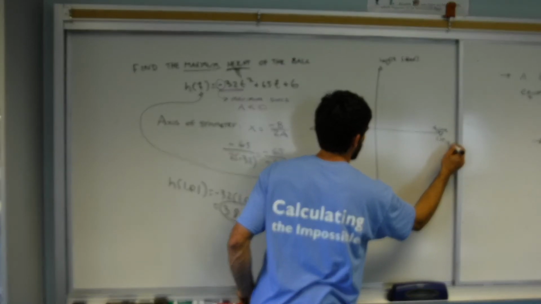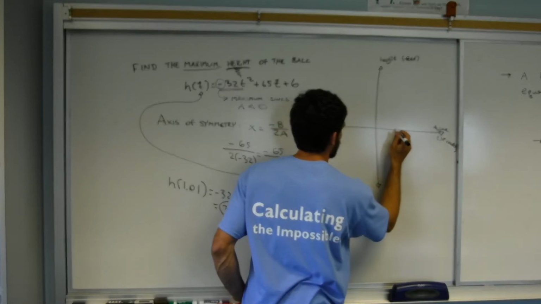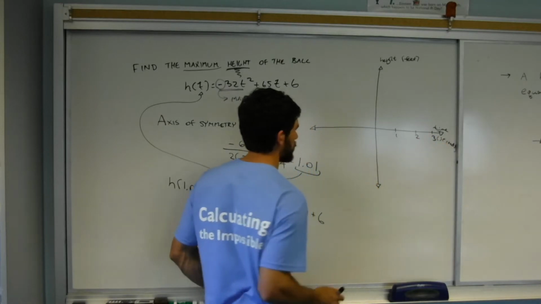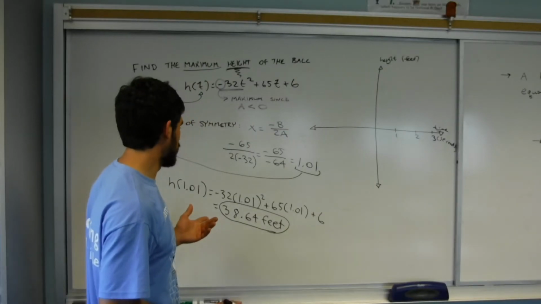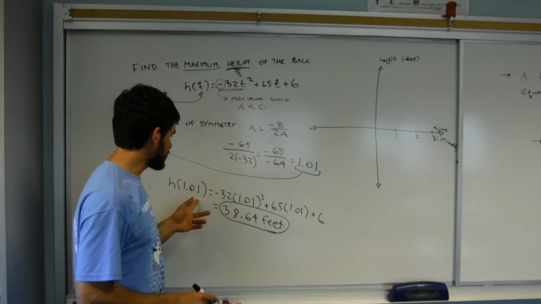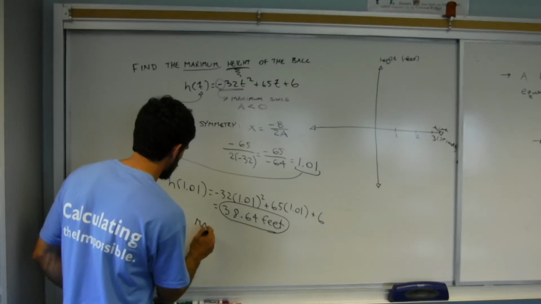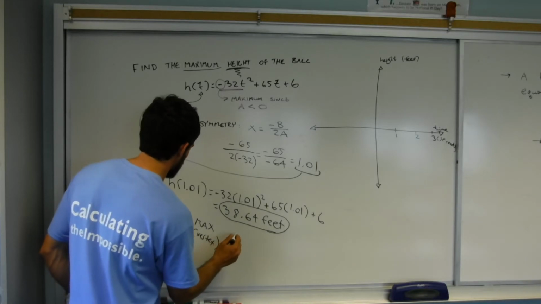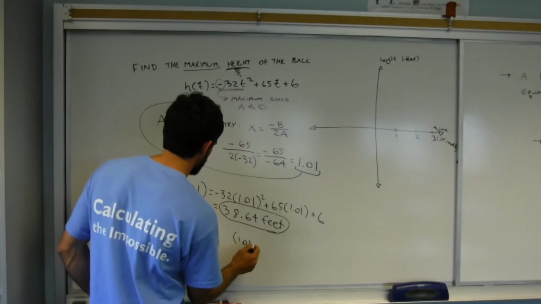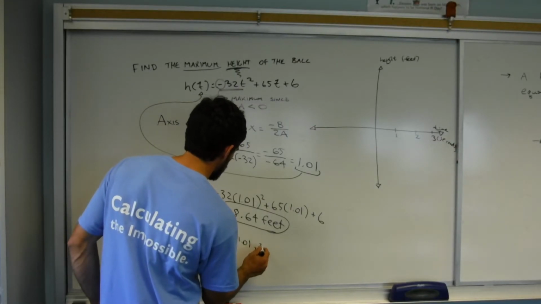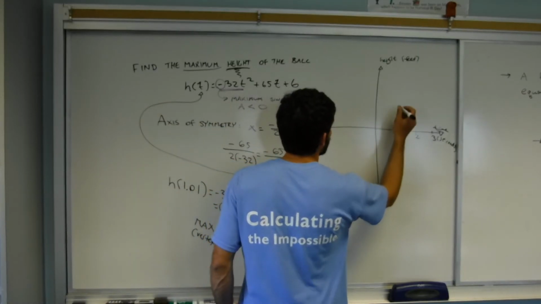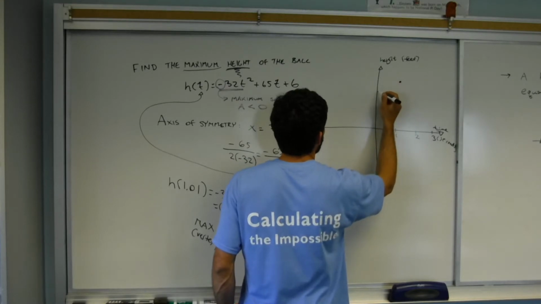I'm just going to go through this pretty quickly, because we have a couple points that we know now. We know our maximum, which is also our vertex, is going to be at the point 1.01, 38.64. So, got up there.